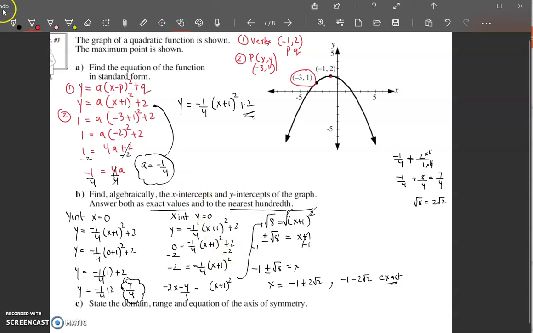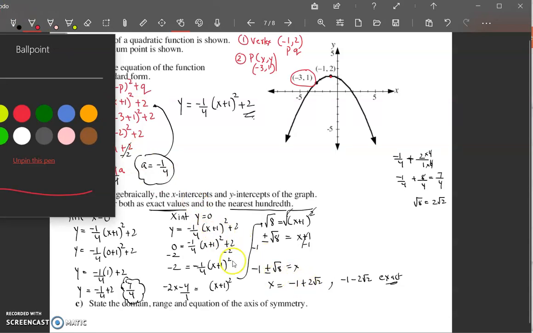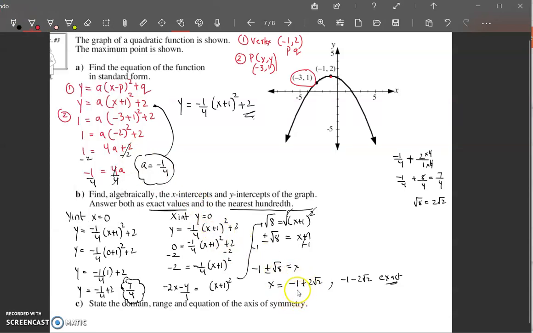One of the answers, the one when you're adding, will come out to be 1.83 to the nearest hundredth. And then you can do -1 minus 2√2, and that gives you the answer -3.83. So those would be the answers in decimal format, rounded to the nearest hundredth.